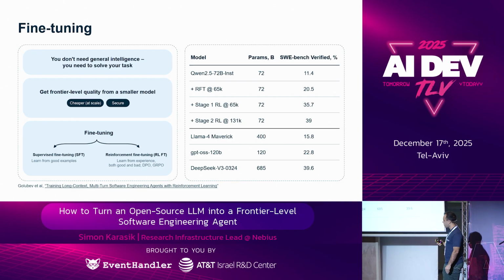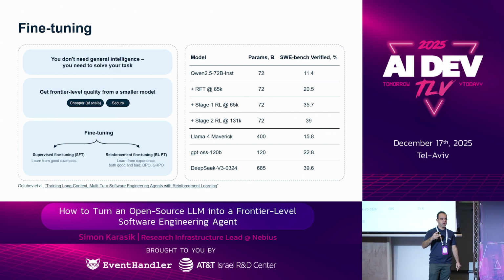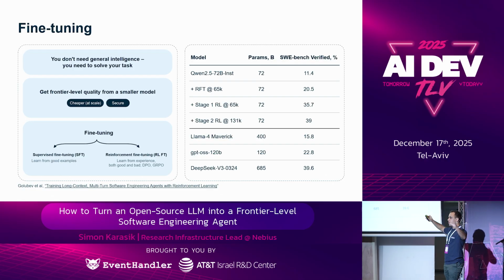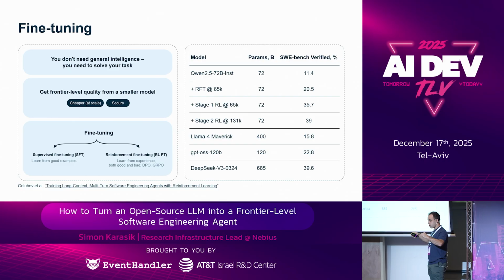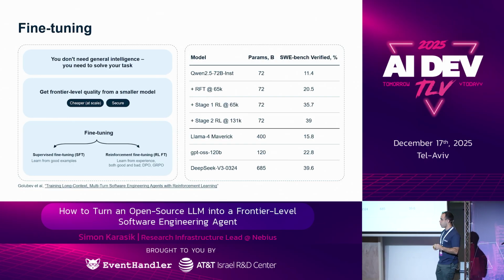And beyond best of n selection, the next technique is, of course, fine-tuning. Fine-tuning is once again an idea that you don't need a really super intelligent, super generic model. You have your problem that you want to solve, and you want to get a best-in-class model for your specific problem.